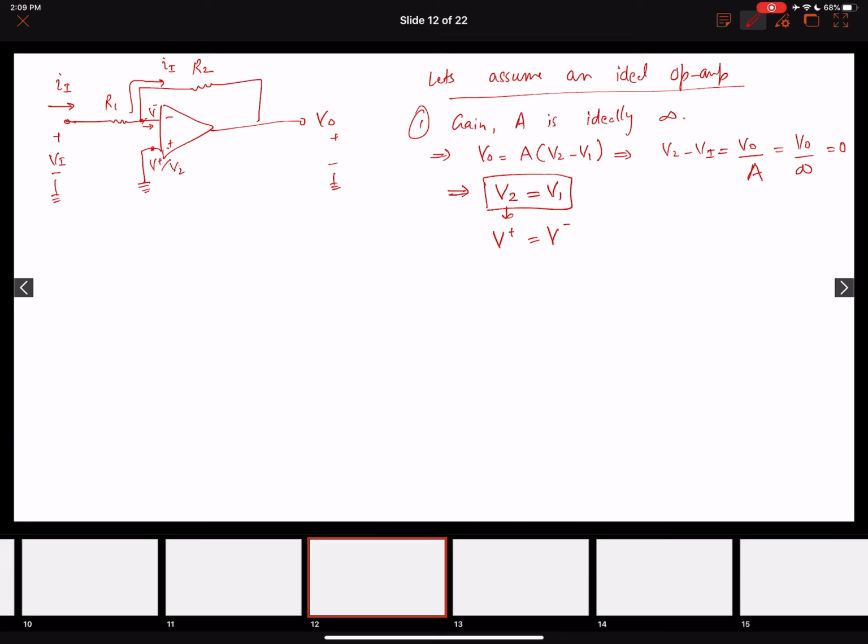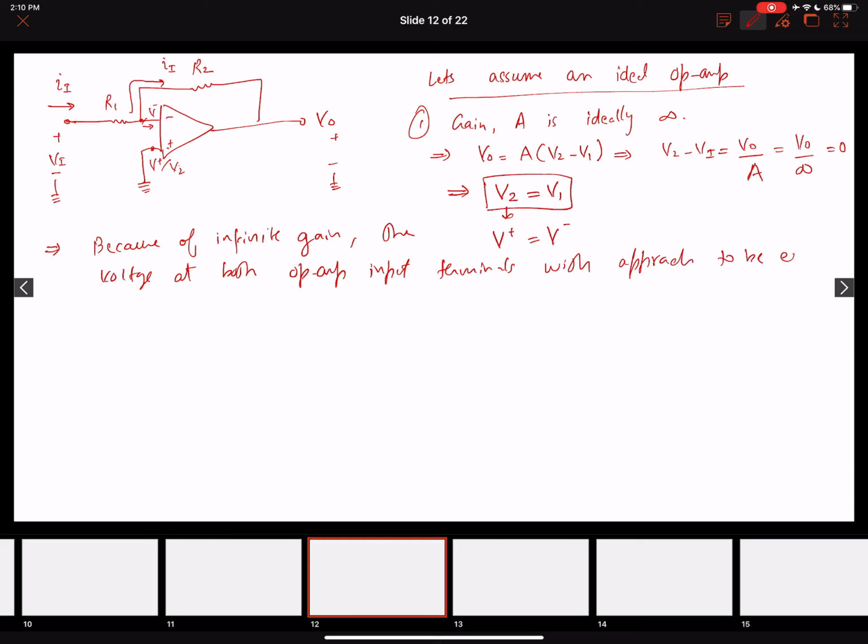So this shows that both of these terminal voltages will be the same. And this is because of infinite gain, the voltage at both op-amp input terminals will approach being equal.